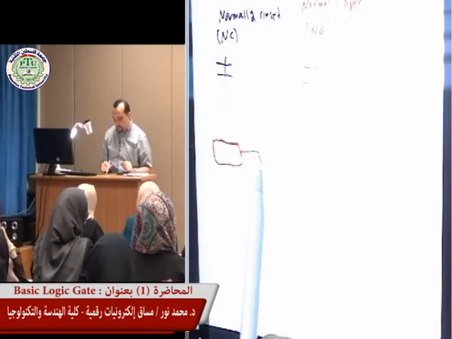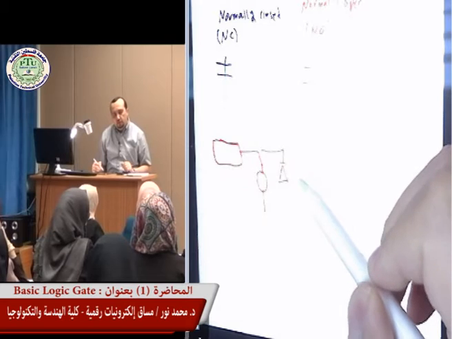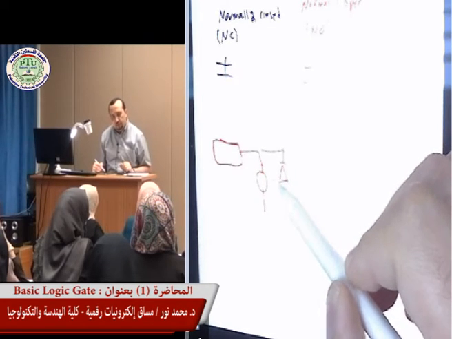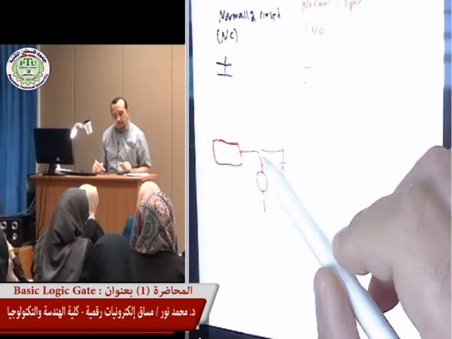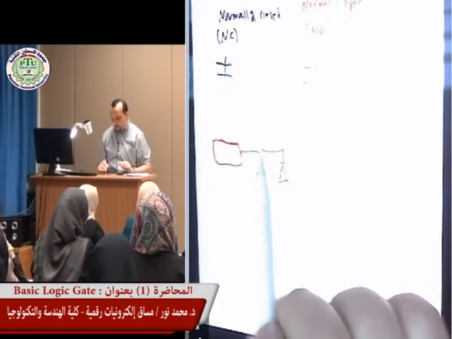And it's connected to a relay. And this relay, we have a diode across it. By the way, the reason that we have this diode is just to protect the relay from the current exceeding a certain amount.